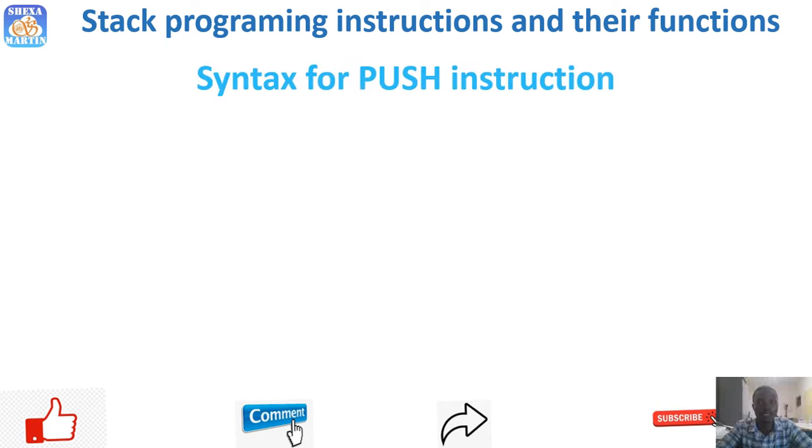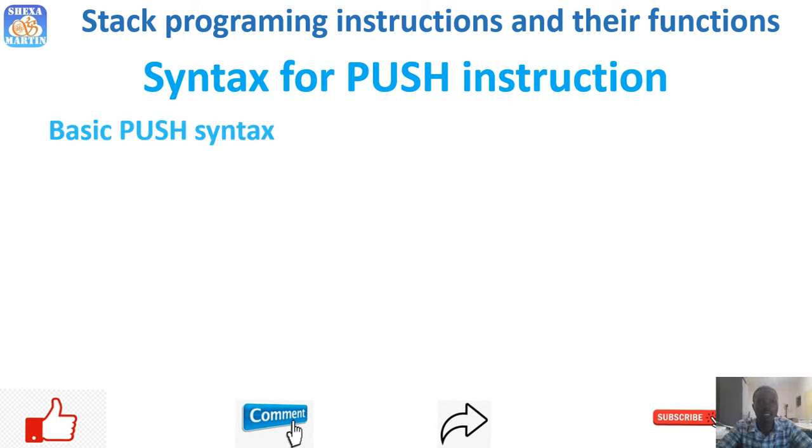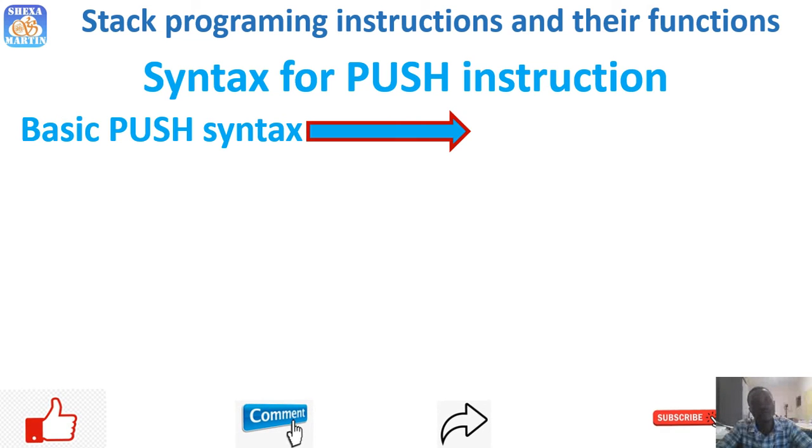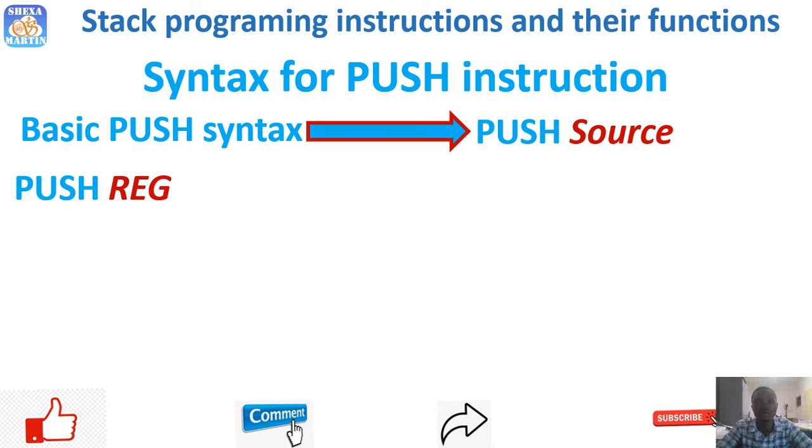And here is the syntax for push instruction. The basic push instruction says you push from source. So source, you just put source, but we already know that you are pushing to the top of the stack. So you just say push, that's the instruction, and then source, that's the register that we are getting value from.